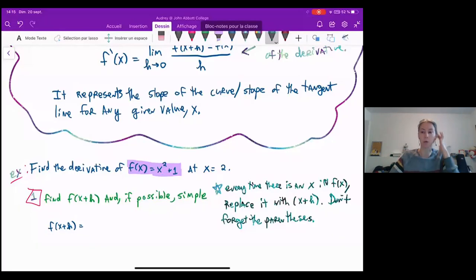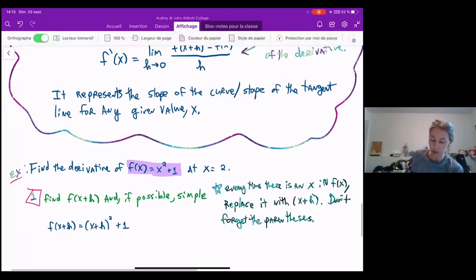They're super important because whatever I'm doing to x, I am now doing to x plus h, which means if I'm subtracting x, I'm subtracting all of x plus h. In this case, I'm squaring x, which means that now I'm replacing that x with x plus h squared and adding 1. So now the thing that's being squared is x plus h.